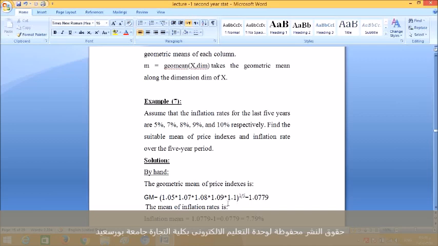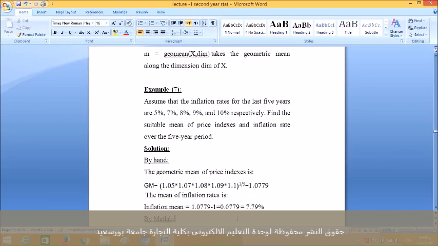So when computing the average inflation rate, you have to first use the geometric mean, second put 1 in addition to the inflation rate to get the index number after the inflation, and subtract 1 from the result to get the changes of prices or the inflation rate, right?